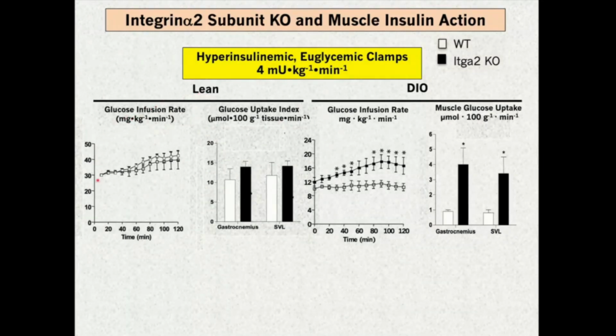In lean mice, knocking out this integrin had no effect on the glucose infusion rate required to maintain euglycemia or glucose uptake. In DIO mice, however, glucose infusion rate at a steady state was almost doubled, and there was about a 5-fold increase in the index of muscle glucose uptake obtained with 2DG. So the fact that knocking it out has a profound effect in increasing insulin action suggests that its presence is required for the insulin resistance.